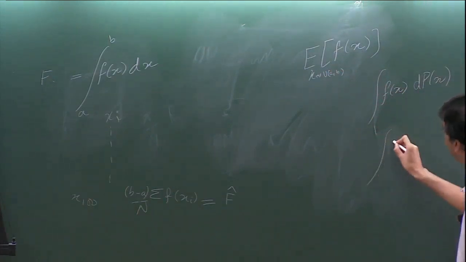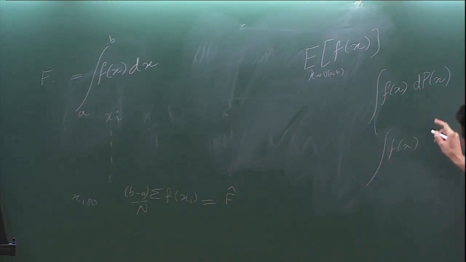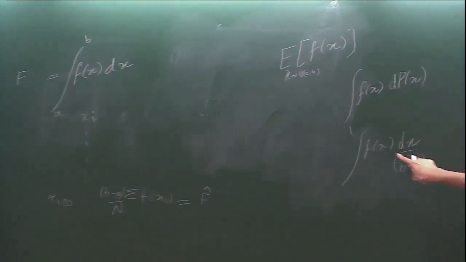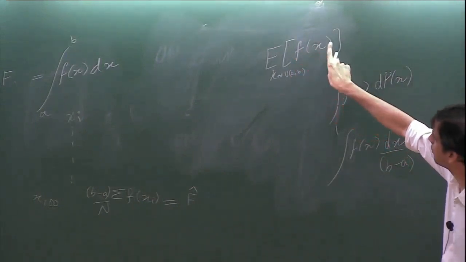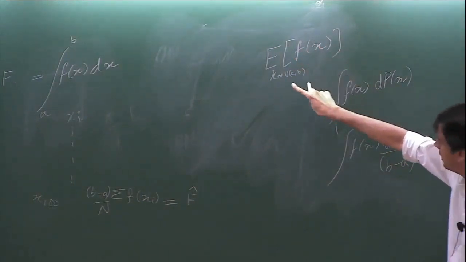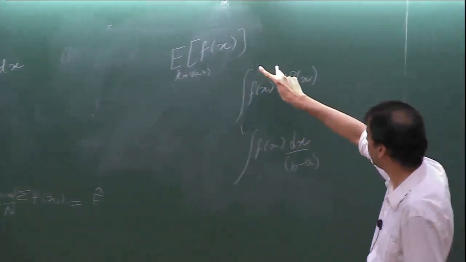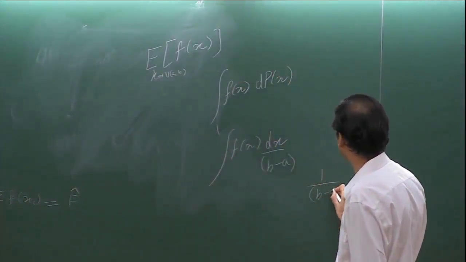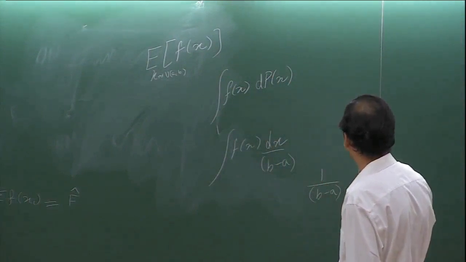And what is dp(x) here? The density function of this one is equal to 1 over b minus a dx. So what you are calculating when you estimate the expectation, where x is from a uniform random variable, is basically 1 over b minus a times the integral of f(x) dx.